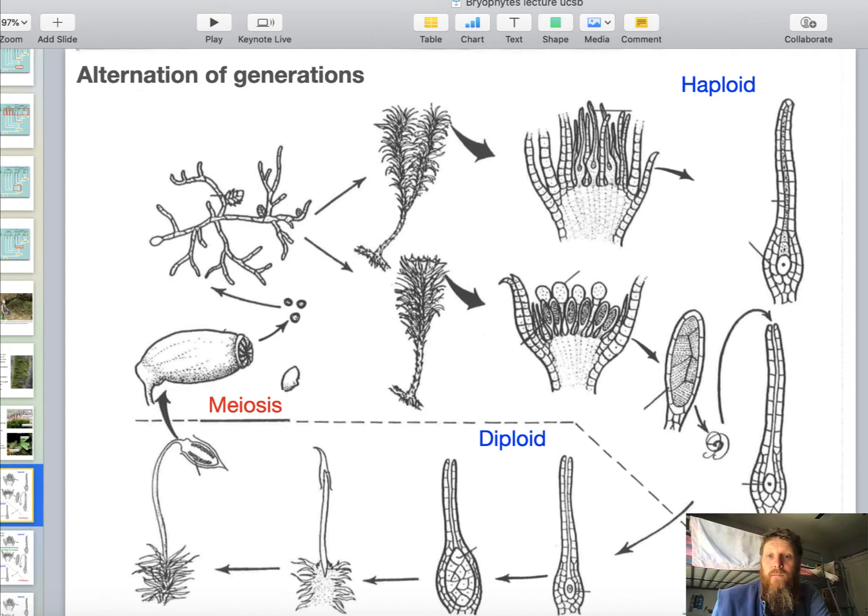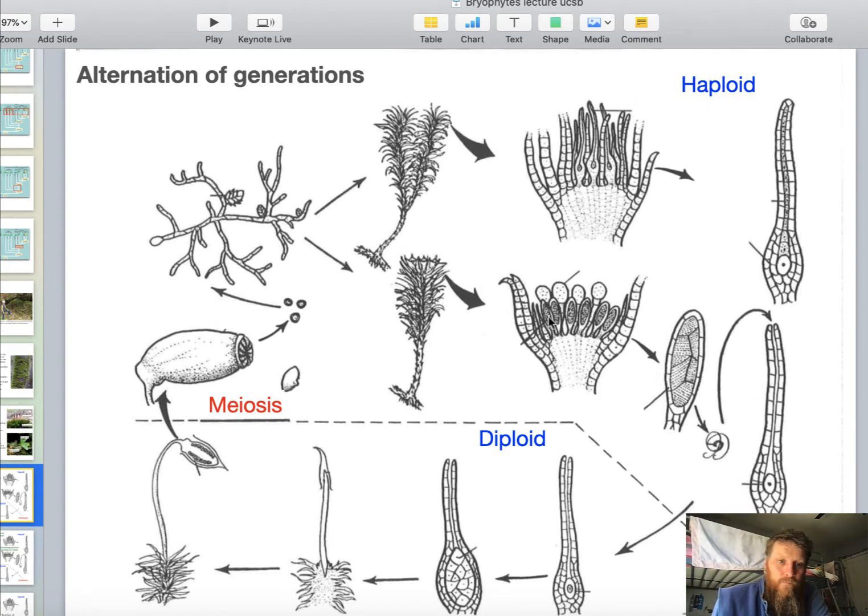So for example, in people, we're diploid, and then we undergo meiosis to produce gametes. So we basically skip this whole stage and go from the gametes straight to fertilization. We've basically completely gotten rid of the haploid generation, and that's very similar to what flowering plants have done as well.